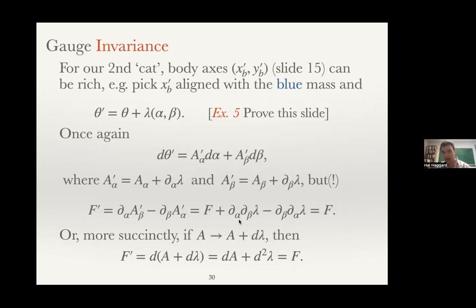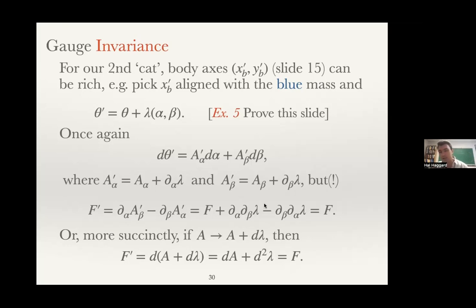But when you track how the second partials show up, you see that they're both acting on lambda, and it's just the equality of mixed partials that cancels them out. So this field strength that we were just computing, F, is gauge invariant. Even though A changed, F does not. So that's another major advantage of the field strength. It's a gauge invariant description of the change in orientation.